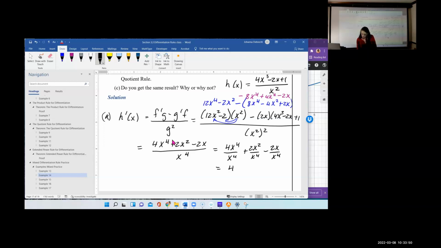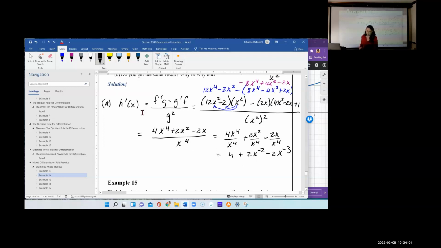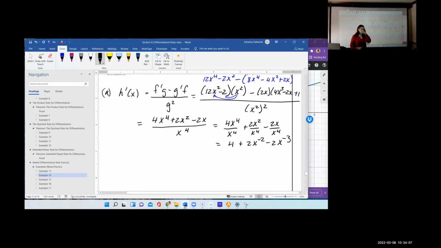And that would give me 4 plus 2x to the negative 2 minus 2x to the negative 3. Remember, when you have exponents, you subtract the numerator minus the denominator, and that gives you the power on the variable when written in the numerator. So 2 minus 4 gives me negative 2, 1 minus 4 gives me negative 3 for the power.